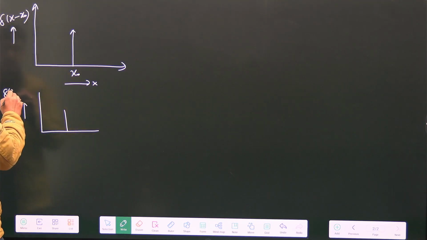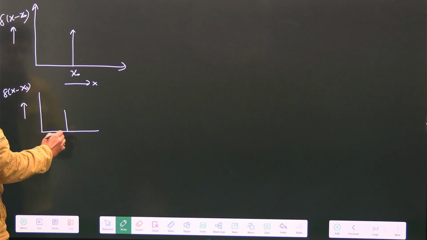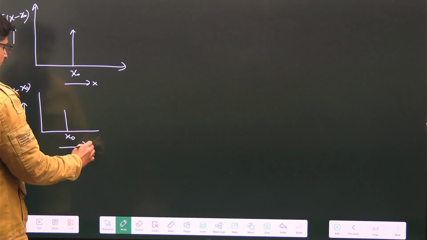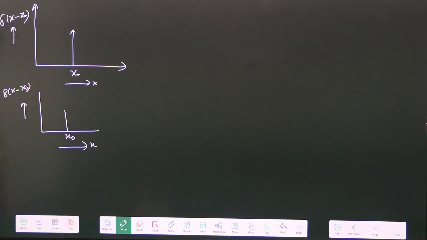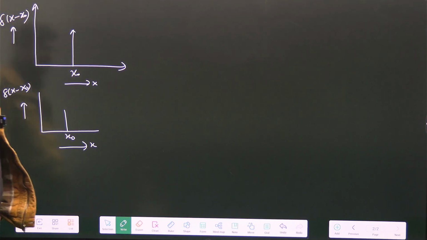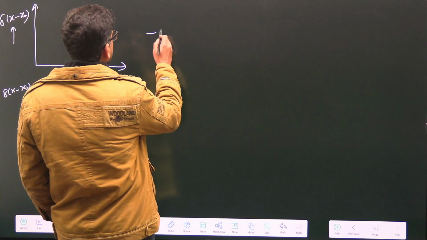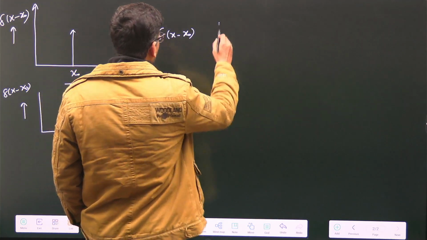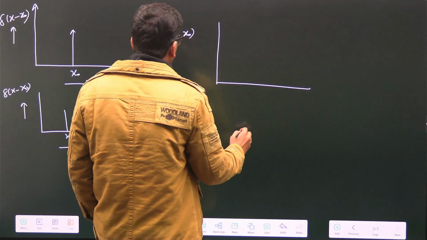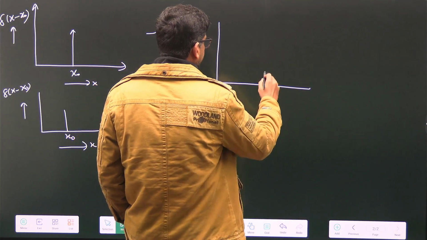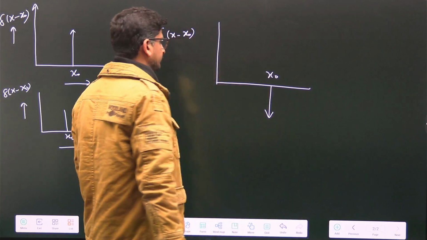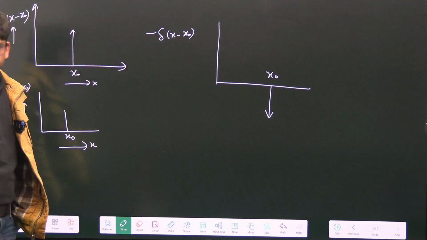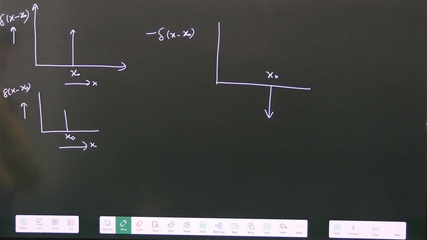This is x-axis. This is also delta function. If I write minus of delta (x minus x naught), suppose I want to plot, it will be like this. Area will be -1.